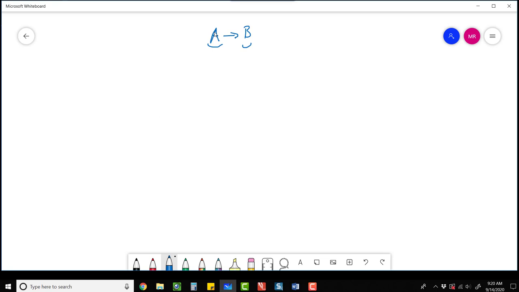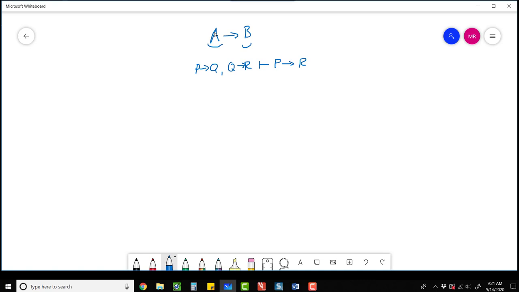So a really simple example of how this method works would be to consider this argument: if P then Q, if Q then R, therefore if P then R. Now, you can see on inspection that this is a valid argument.